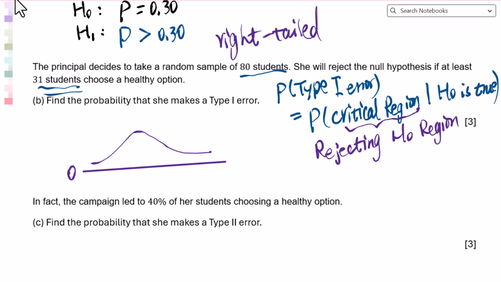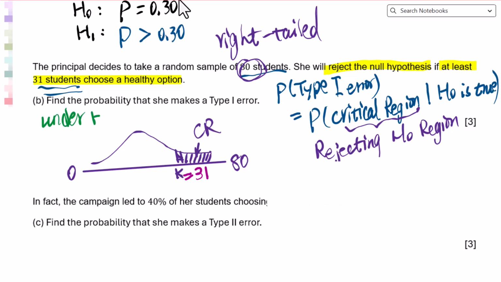Domain is from 0 to 80. This is k. Here is the rejecting H0 region, the critical region. If at least 31 students choose a healthy option, she will reject H0. So this k equals 31.